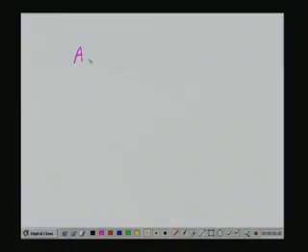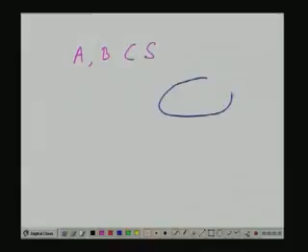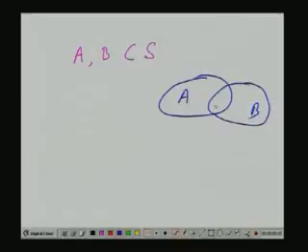Suppose we consider two events A and B, both belonging to the certain event S, the total set S. In terms of Venn diagram, you can have something like this, A, this is B, this is the overlap area, there is AB, all these we have studied earlier.